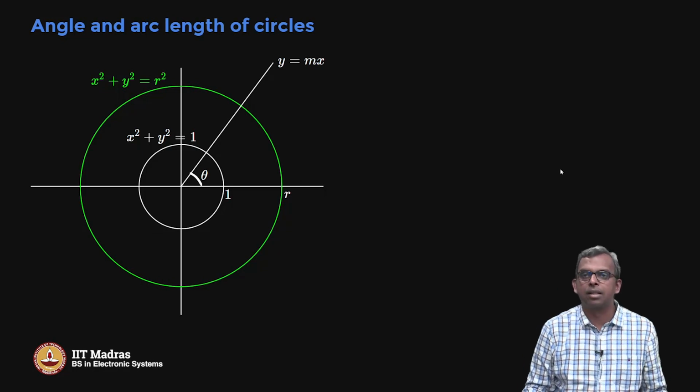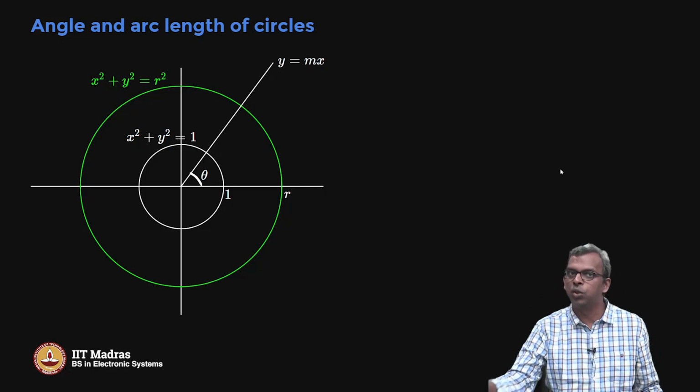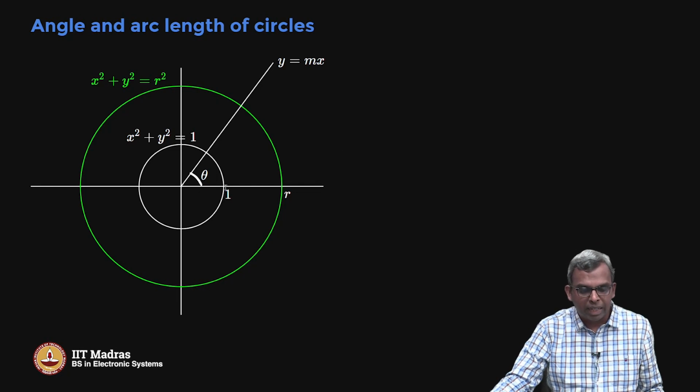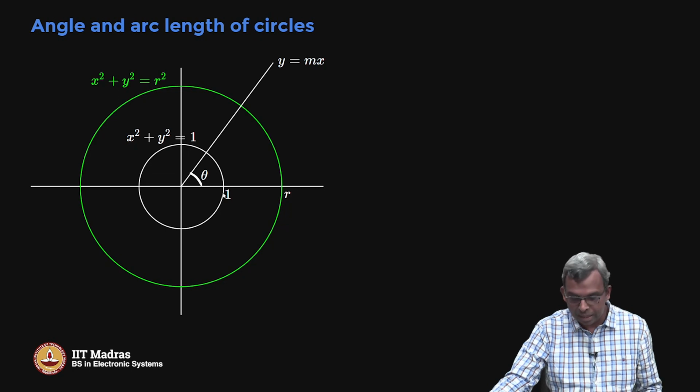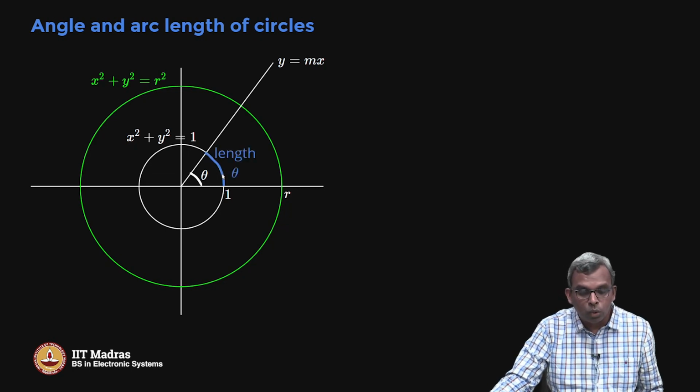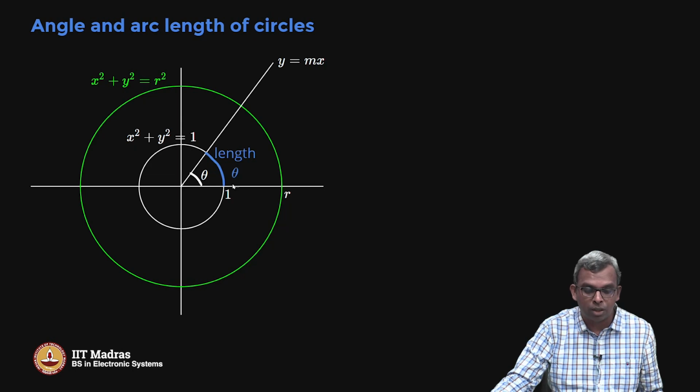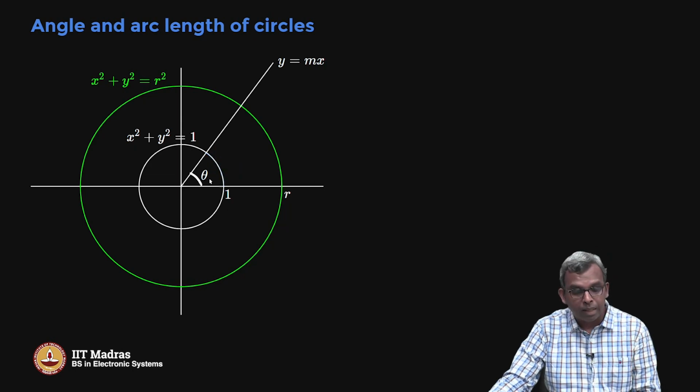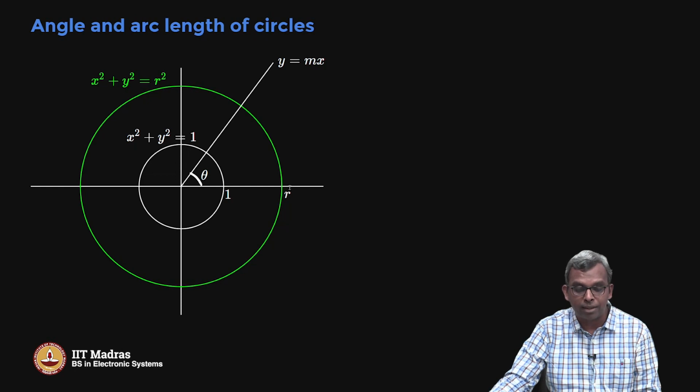Here is a slightly more interesting and useful thing about these angles. We kept saying that the angle theta is the arc length on the unit circle. Here is a picture where I have the white circle, which is the unit circle, and the green circle, which is a circle of radius r.